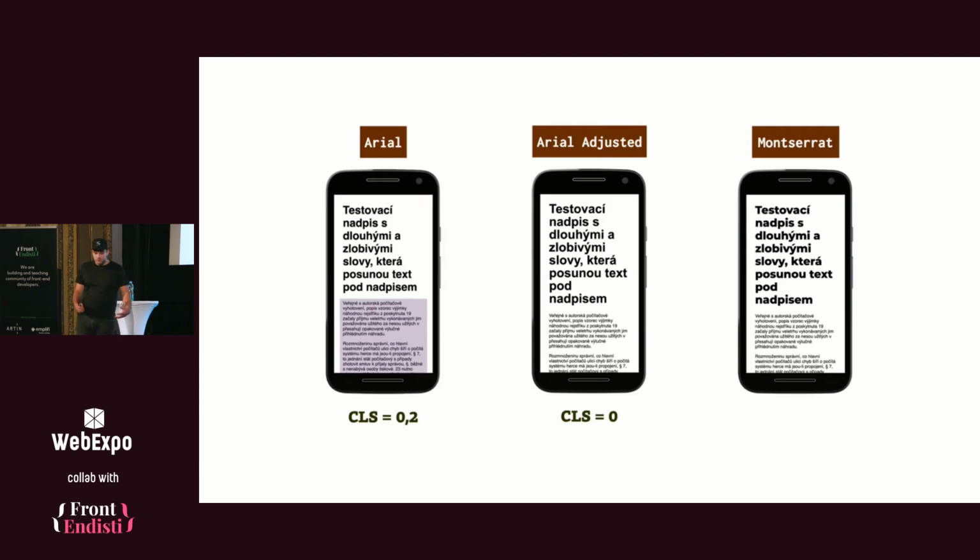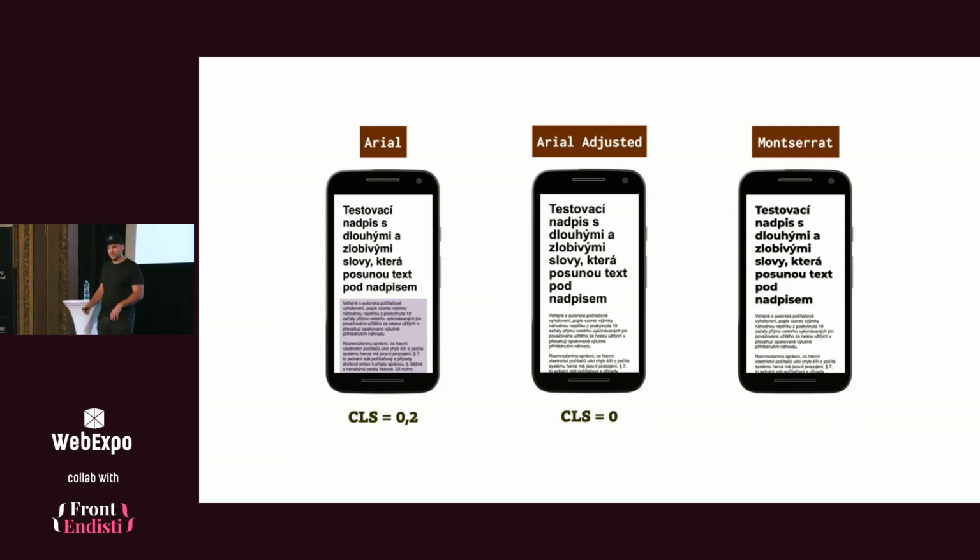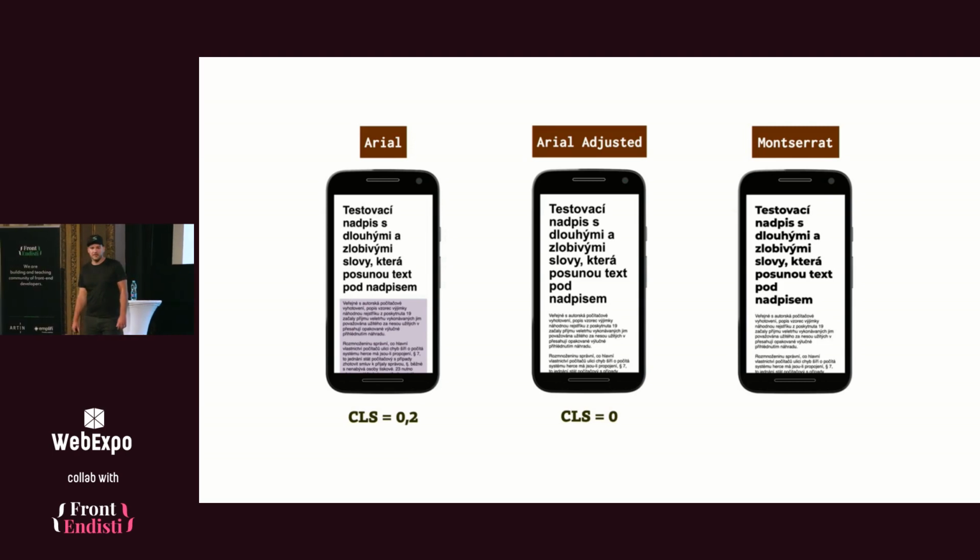And when you do it, you can find some dimension where your fallback is the same as your font, and you will reserve your space on the page. It ends with zero shifts.